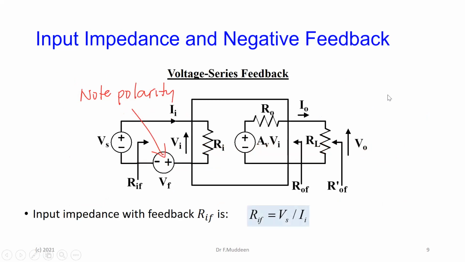So this is a device with voltage series feedback. If it is voltage series feedback, it means that I'm sensing voltage and feeding it back in series with the input. So this is my voltage amplifier here.